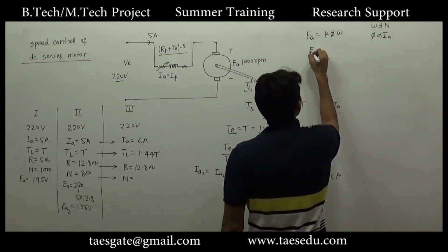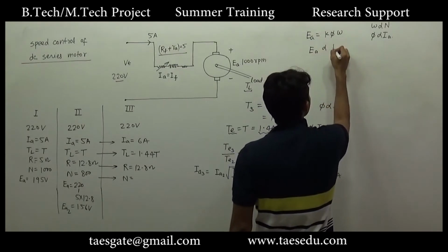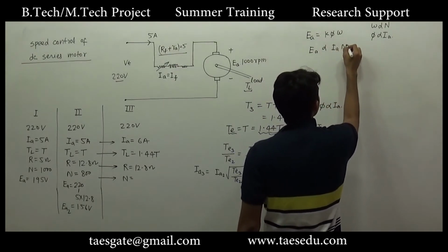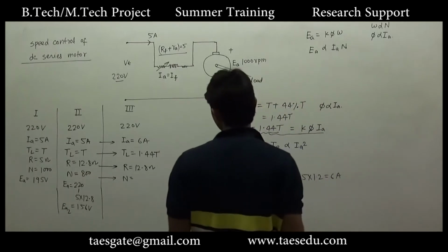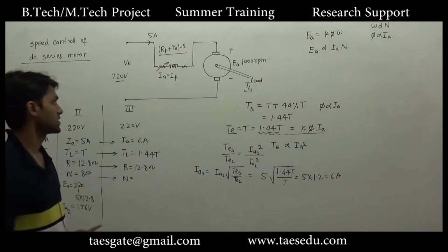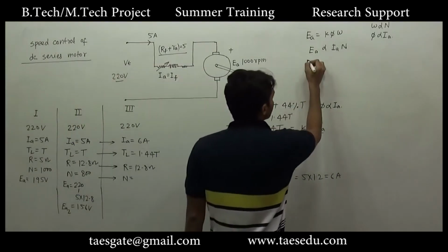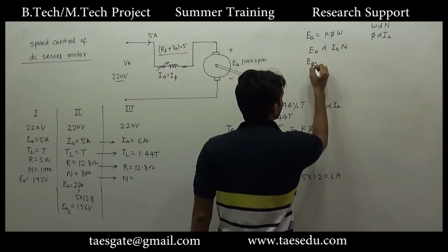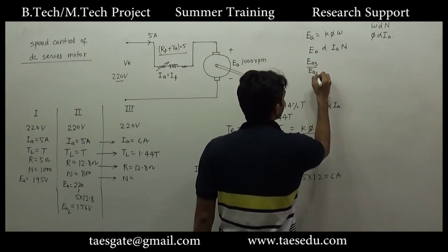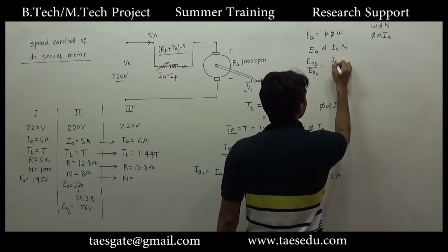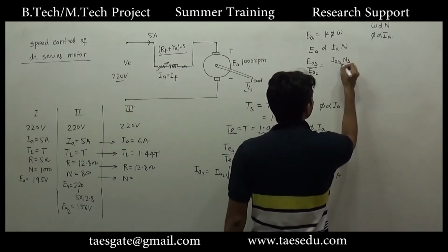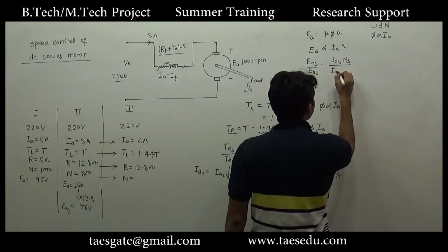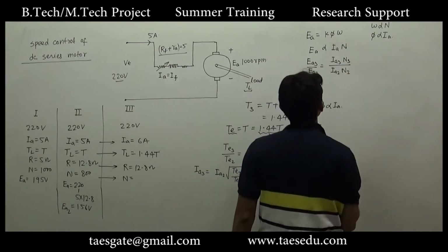So we can write EA is directly proportional to IA into speed. Now if we compare third case and second case, we will have EA3 divided by EA2 equal to IA3 into speed 3 divided by IA2 into speed 2.